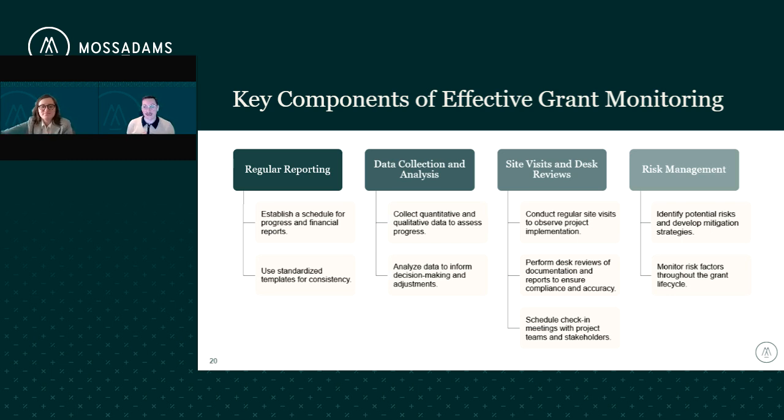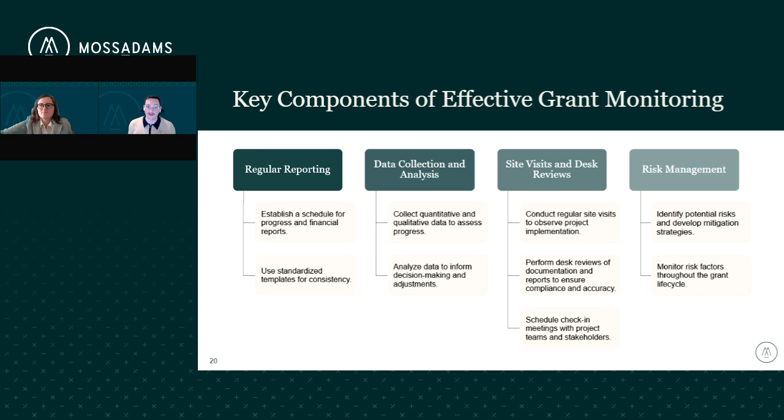Data collection and analysis. We talked about it a moment ago in terms of a data collection report. While a report may not be required of you, that internal data collection and analysis is going to be key to your grant.